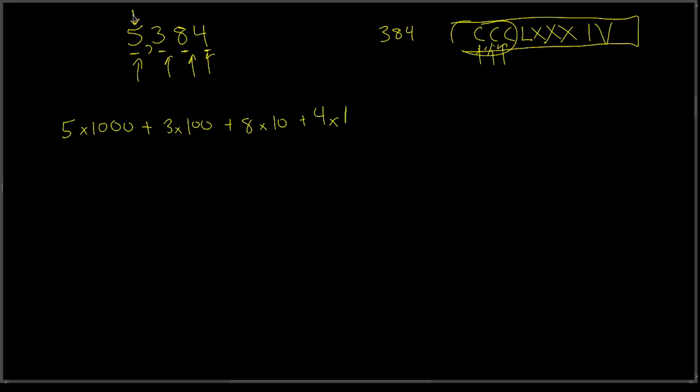Each of these values, as we move to the left, talks about more things. So this 5 is talking about 5,000s. This 3 is talking about 300s.